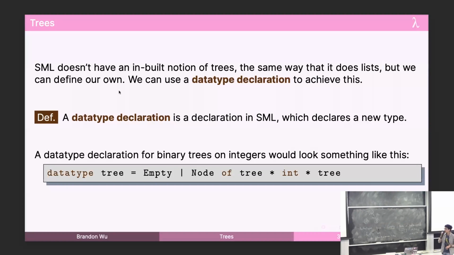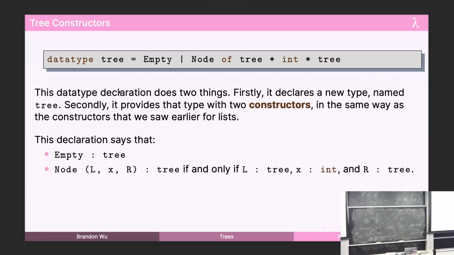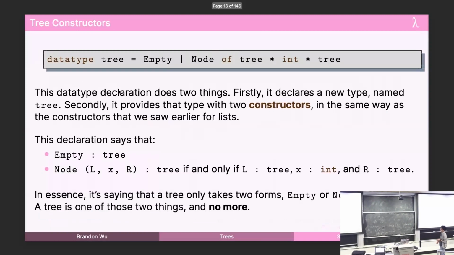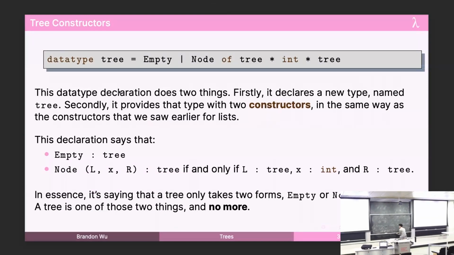Okay, so moving on, I mentioned these constructors. This node, empty idea is going to be really important. What this declaration says is that it has two constructors, and in particular, that means we can case upon a tree using case.